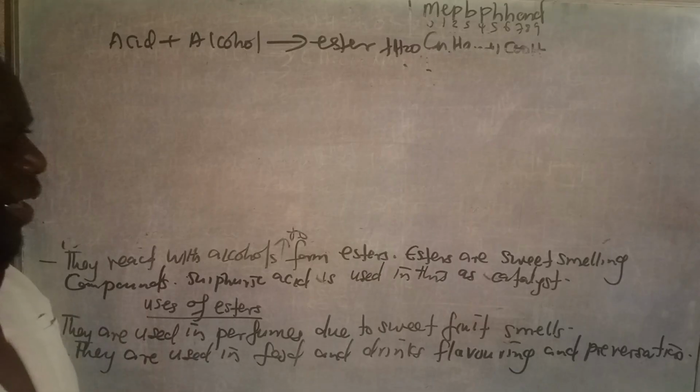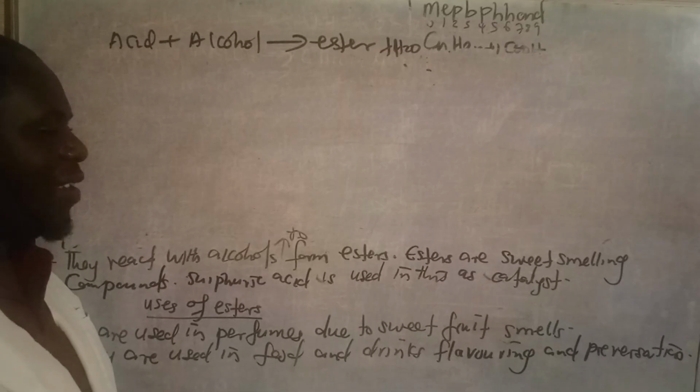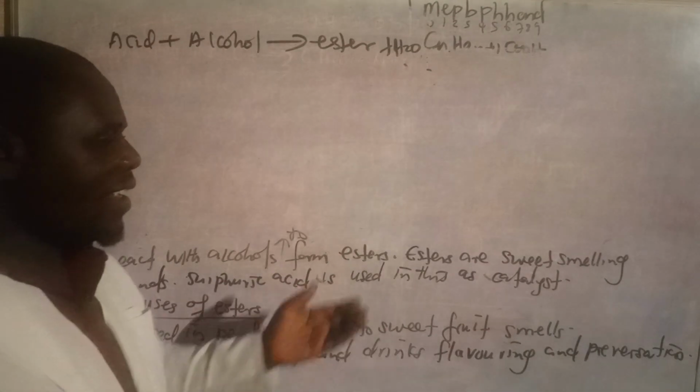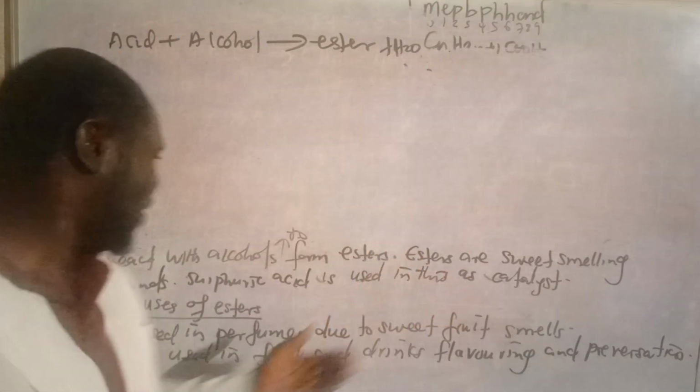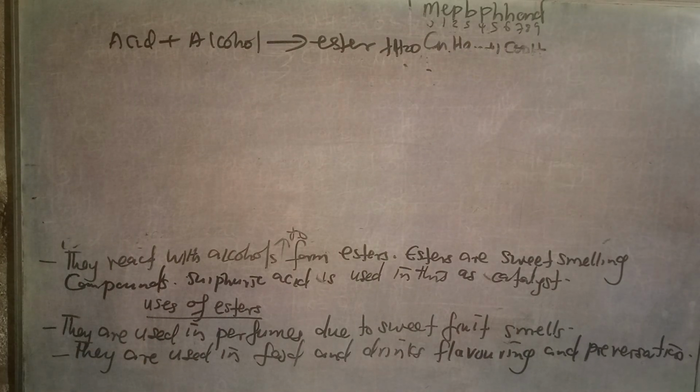So ester, as I said, is a compound formed when alcohol reacts with acid. Or one can say esters are sweet-smelling compounds. Okay? So since esters are sweet-smelling compounds, what are the uses of esters?